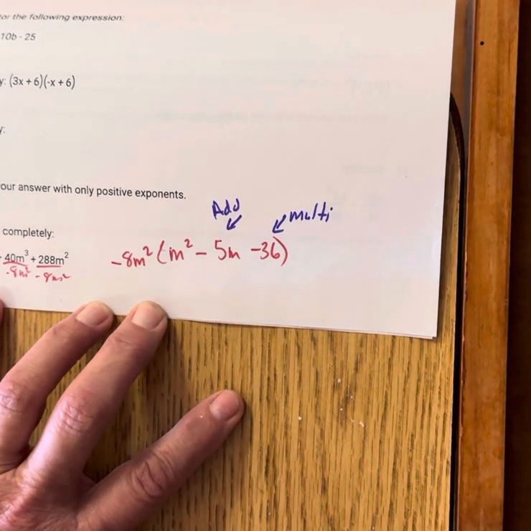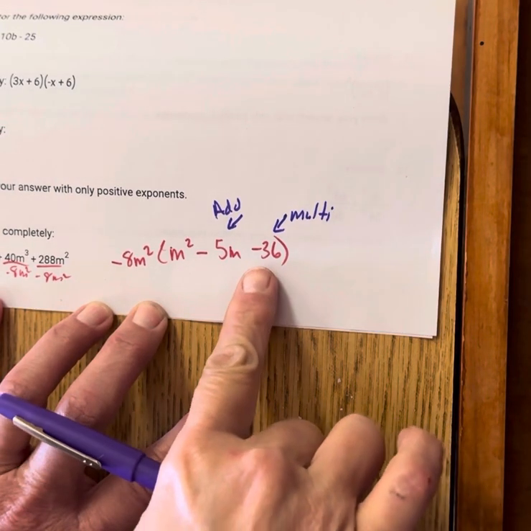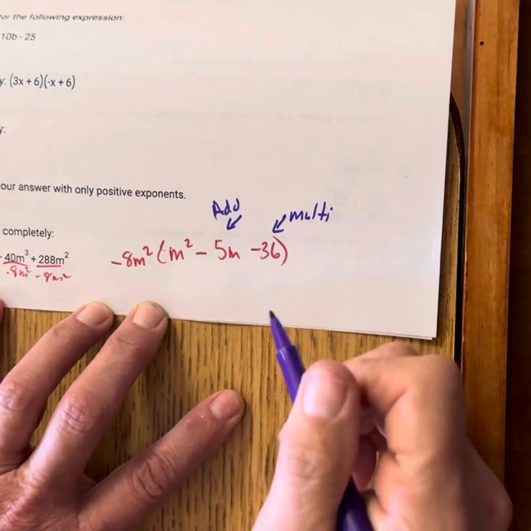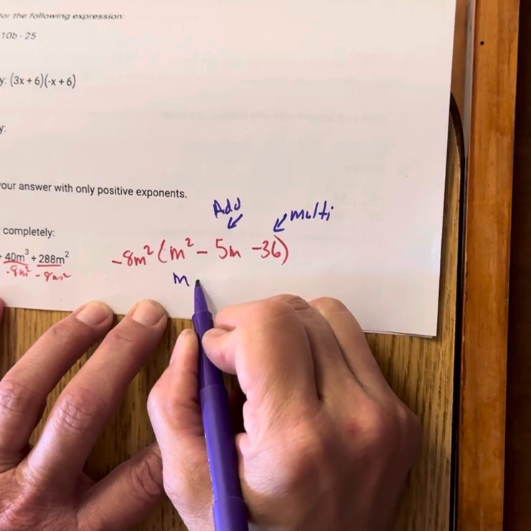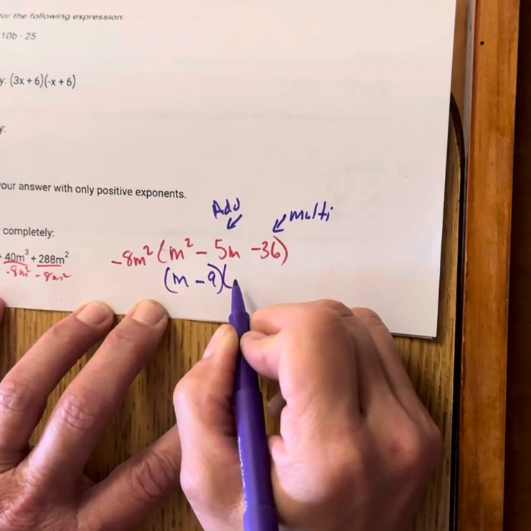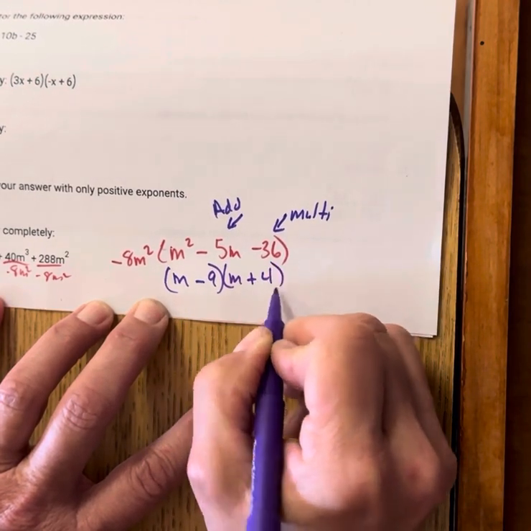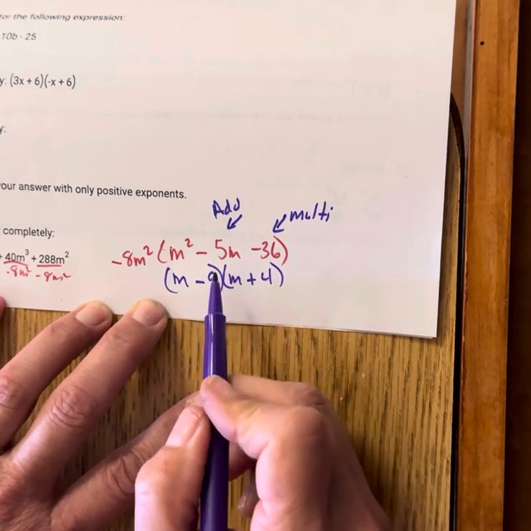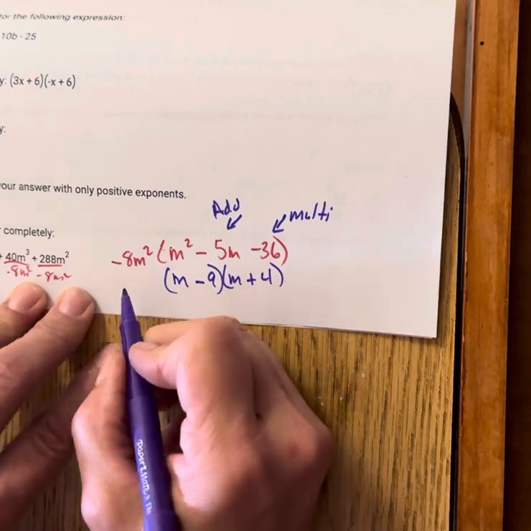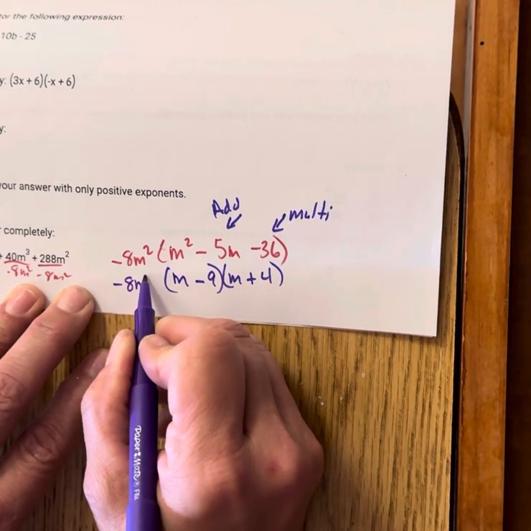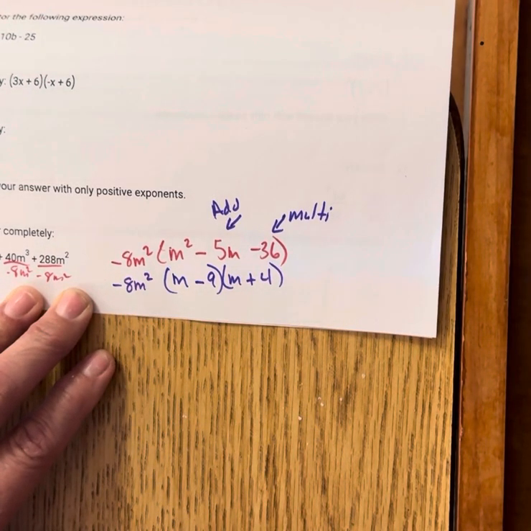And again, if you don't know your factors or can't see it, then you do 36, not the negative, just 36 divided by x. So m minus 9 and m plus 4, because -9 plus 4 gives you -5. And these two multiply gives you -36. And don't forget to put the 8m squared, what you factored out, in front.